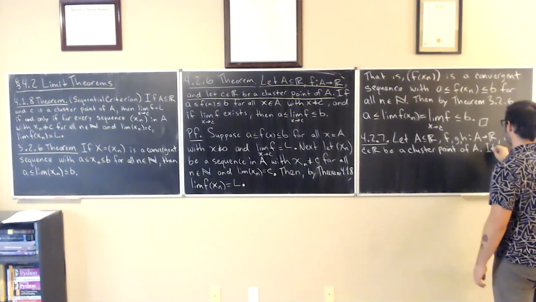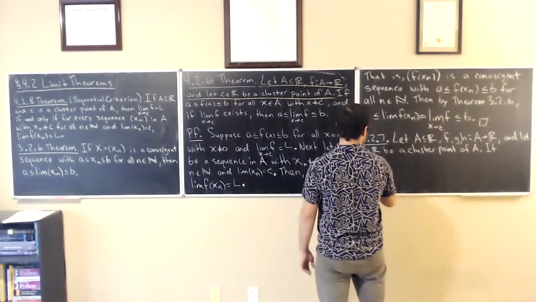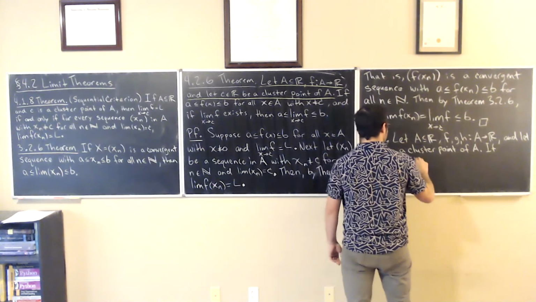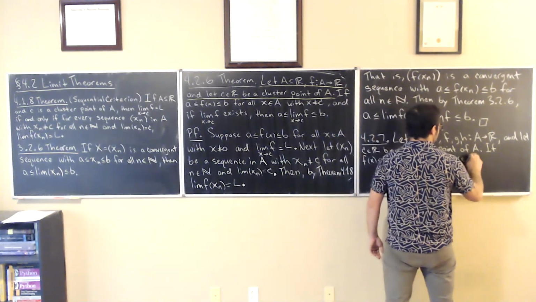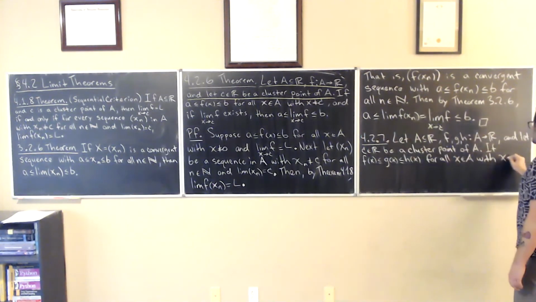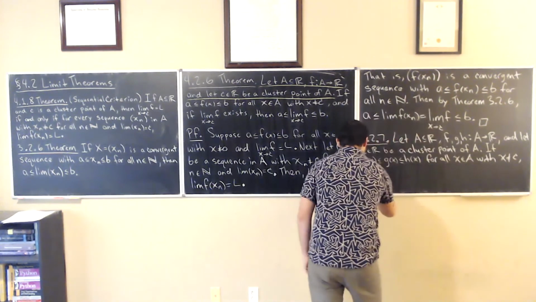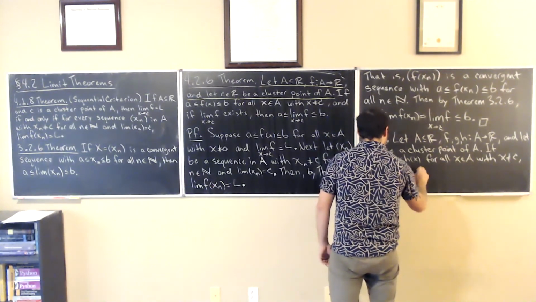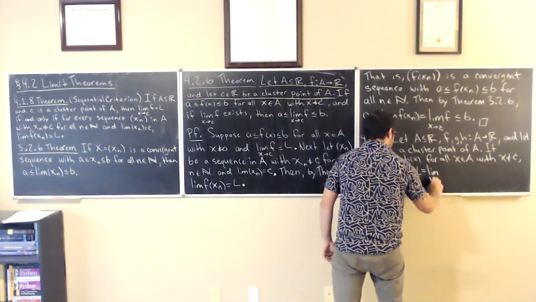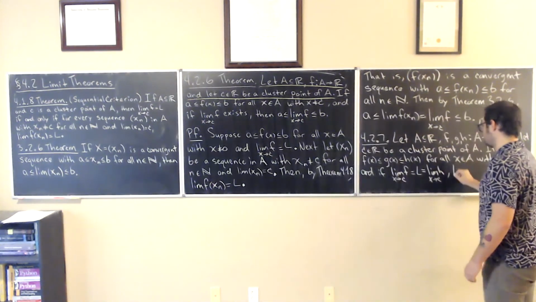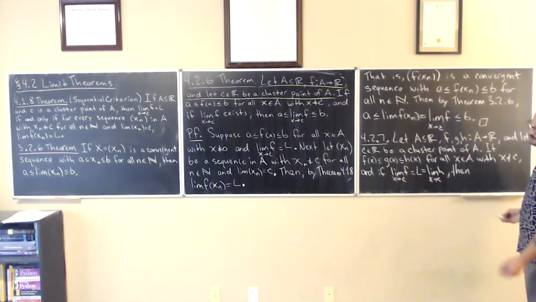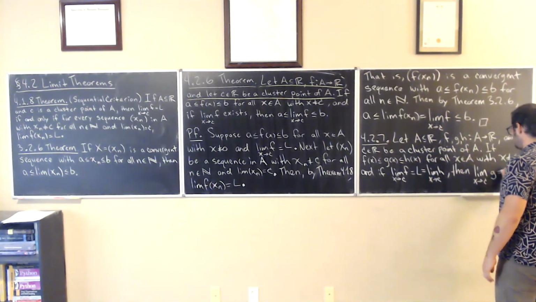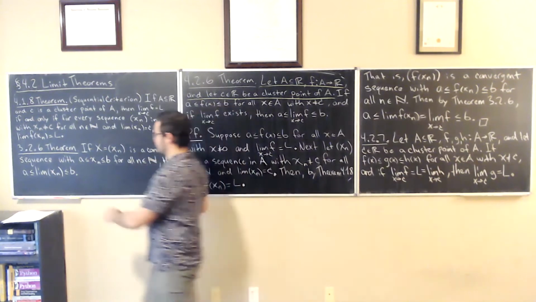Okay, so then if f of x is less than or equal to g of x, which is less than or equal to h of x, for all x in A with x not equal to C, and if the limit as x approaches C of f is equal to L, which is equal to the limit as x approaches C of h, then the limit as x approaches C of g is also equal to L. And it really is a direct consequence of what we just proved.